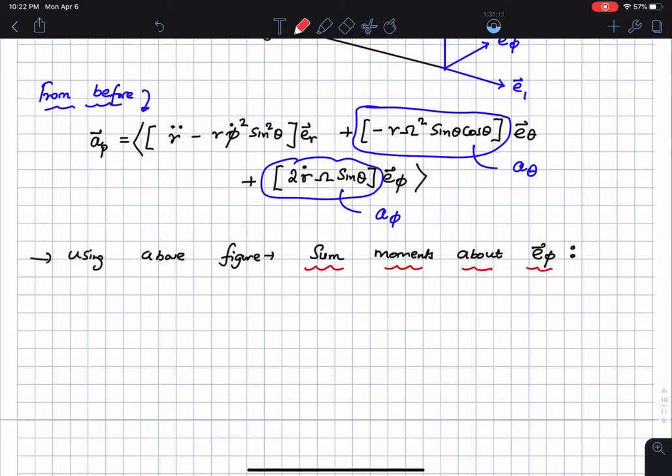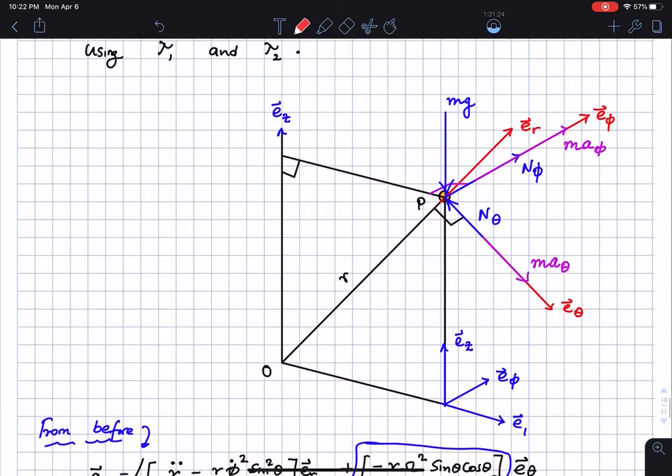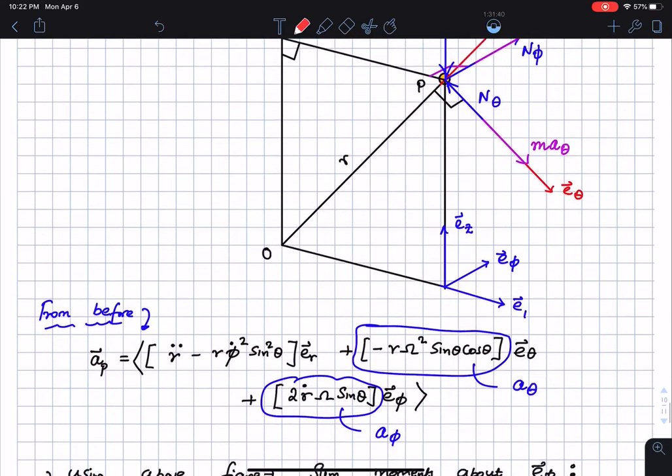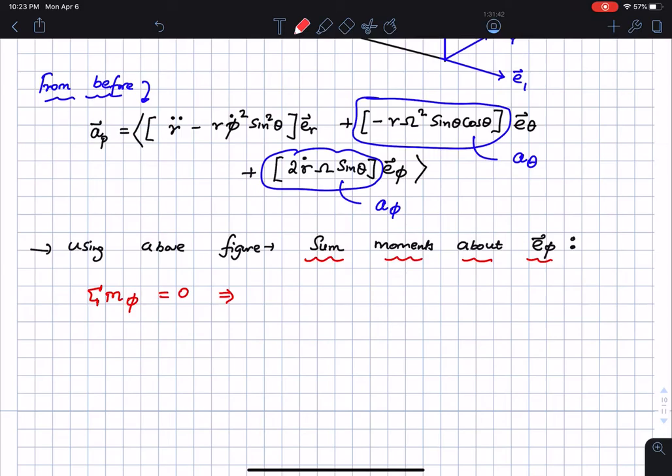So if I do the sum of moments about the phi direction and set that equal to 0, here is what I'm going to be getting. What are all the forces that are acting which cause a moment about the phi direction? Obviously m a phi is not going to be of any interest to us. Then I see that n theta times a distance of r, if I use the right hand rule, is going to be in the negative phi direction. So that's going to be minus n theta times r. That's one moment.